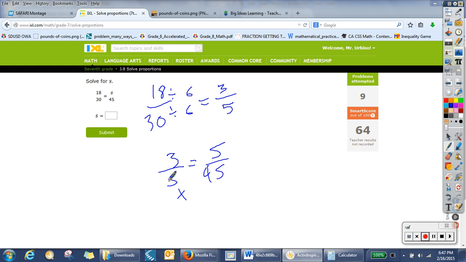So a number times 5 would be 9. 5 times 9 will give me 45. Now, I'm just going to use that same number. So I have 3 times 9 is equal to s. So I know that 27 is equal to s.